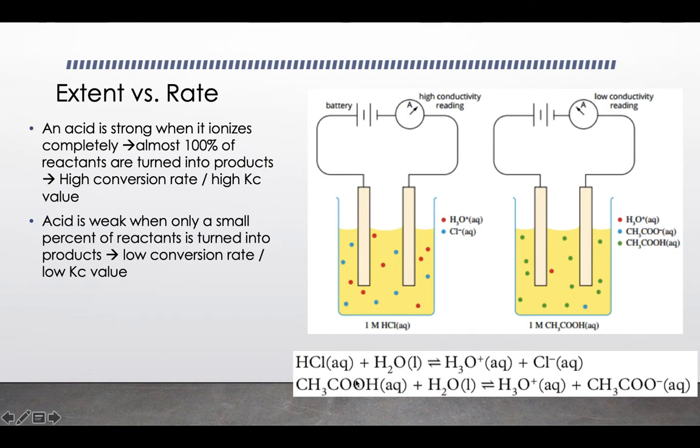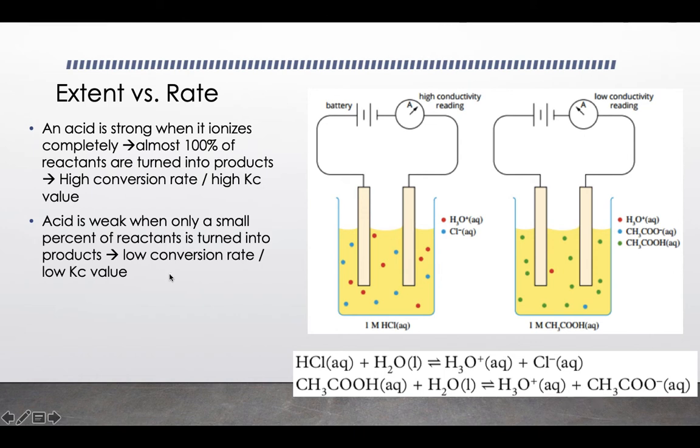Weak acid means when you put that into water, they do not ionize completely. In fact, 99% of the vinegar, the ethanoic acid molecules, do not participate in the reaction. That means this reversible reaction has a low Kc value. It's a low conversion rate. That means the extent of the forward reaction is low.